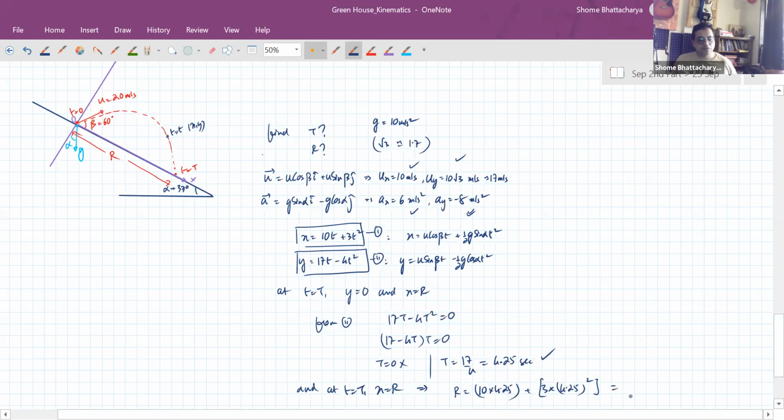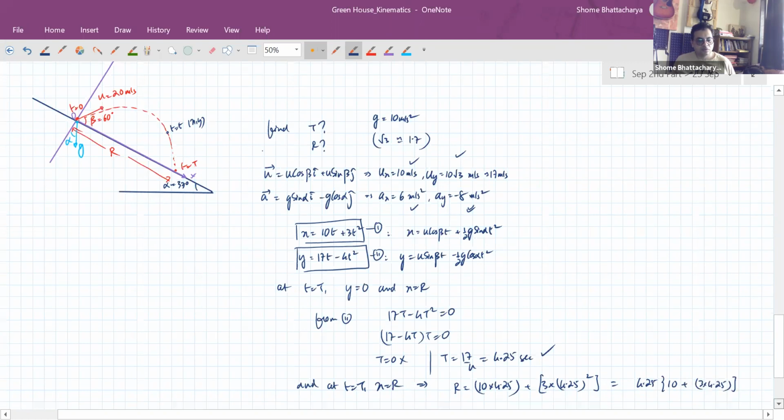This becomes a bit of a lengthy calculation, but still we can do it like this. We can take 4.25 common. We have 10 plus 3 into 4.25.